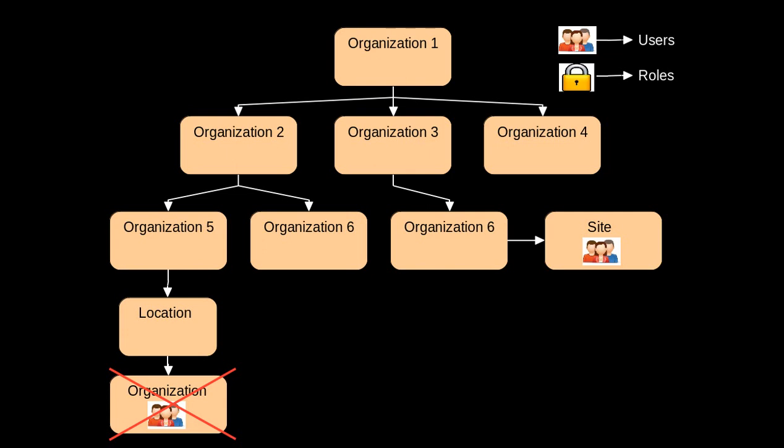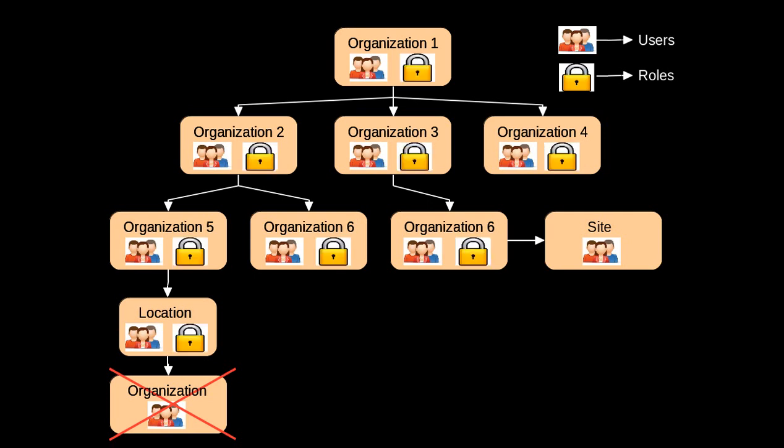Users can be members of one organization or many of them, up and down the hierarchy, inheriting the permissions and associations of that organization. The user will also inherit all the permissions and associations of the parents of that organization.